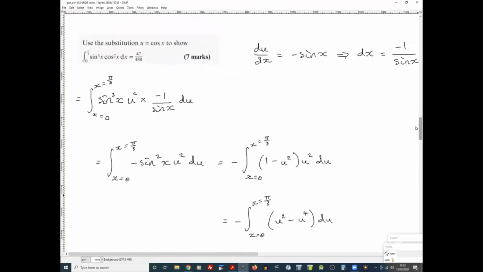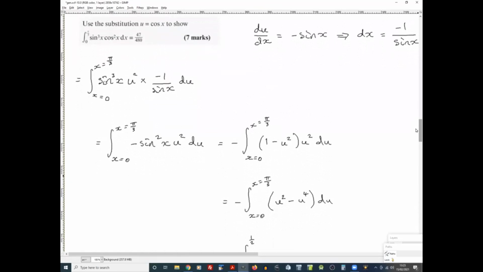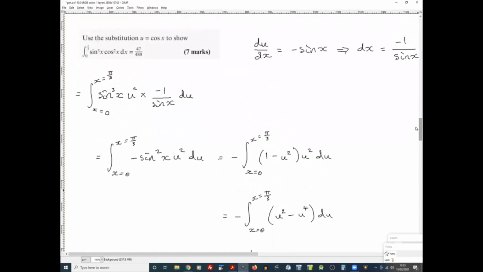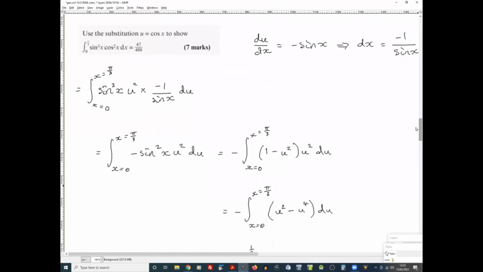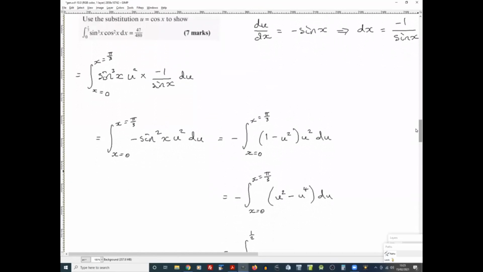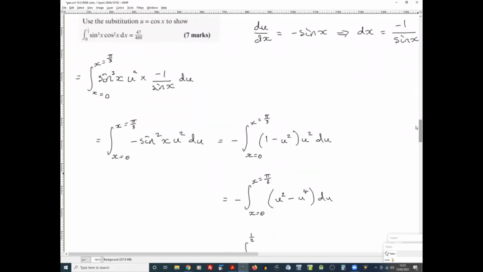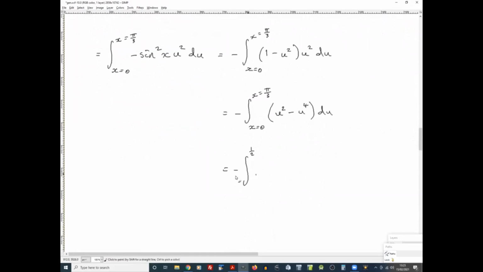Okay, and the lower value of x? 0. Giving a u value of 1. Right. Now notice, these need switching, don't they? Or somebody will get confused, not necessarily you, but we like to have the later x value on top.